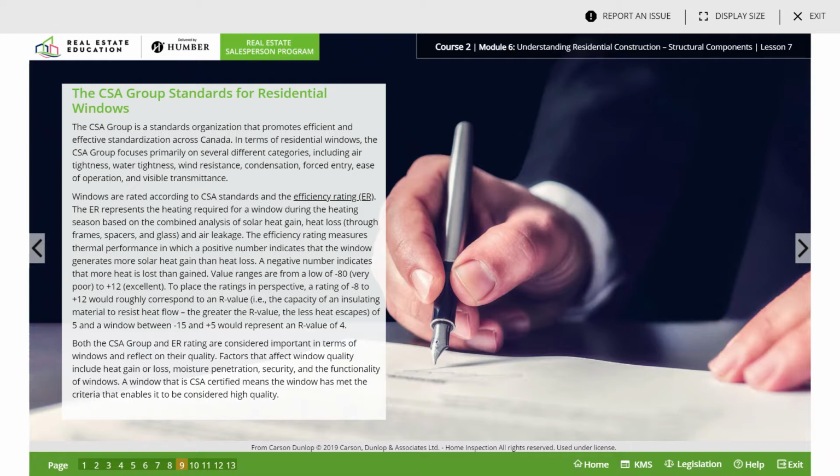The efficiency rating measures thermal performance, in which a positive number indicates that the window generates more solar heat gains than heat loss. A negative number indicates that more heat is lost than gained. Values range from a low of minus 80, very poor, to a plus 12, which is excellent.